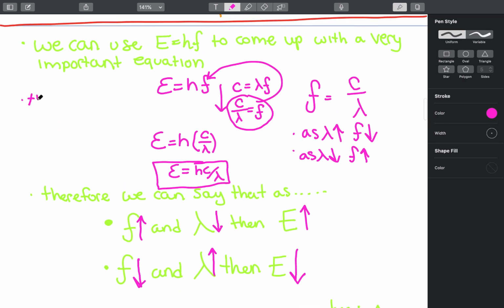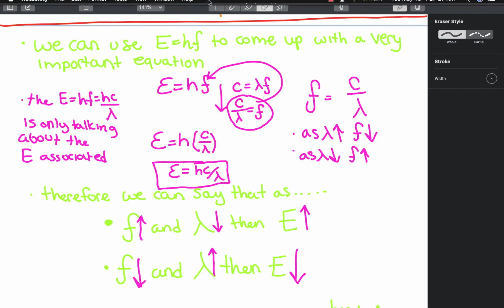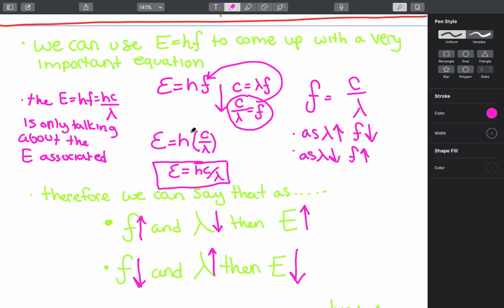The E equals hf, which equals hc over lambda, is only talking about the energy associated with one photon.